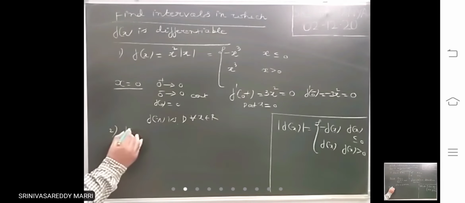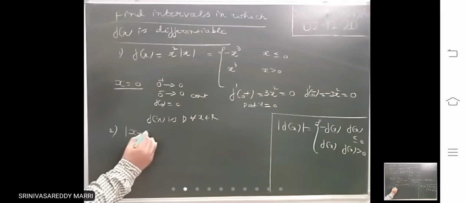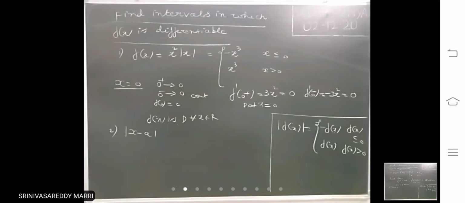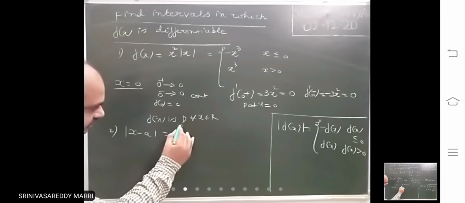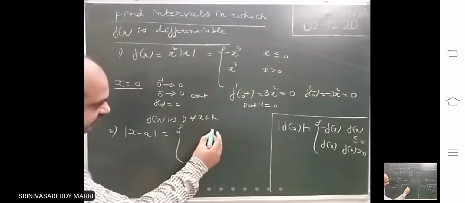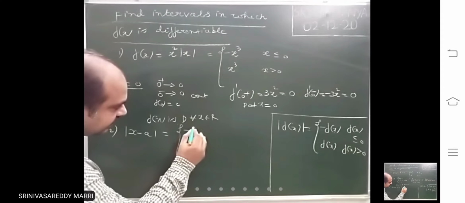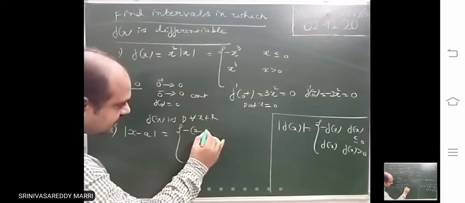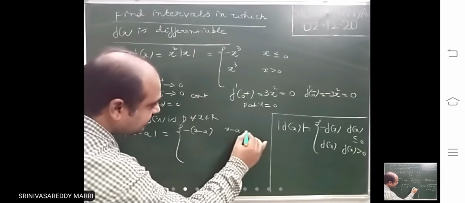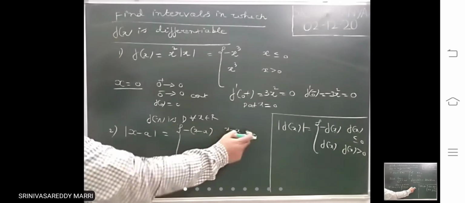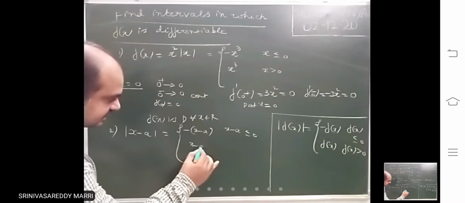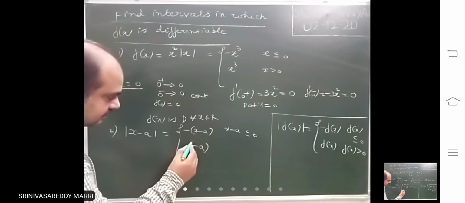Suppose there is one function like this: modulus of x minus a. I am redefining this. So this is f of x, that means minus of x minus a when f of x is less than or equal to 0.